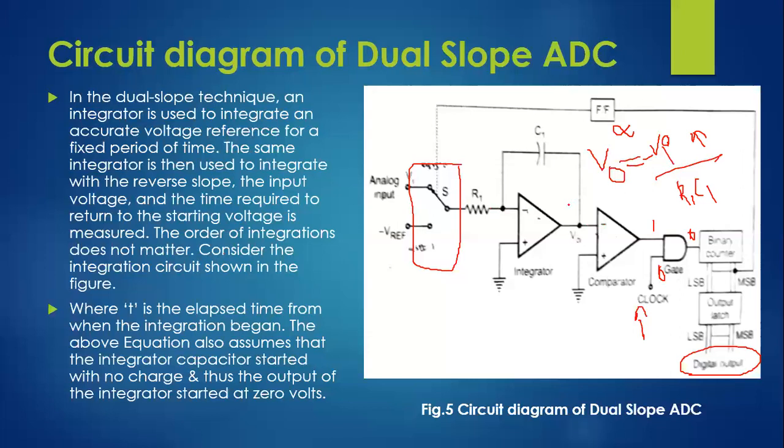Here we are comparing this output of the integrator with respect to the ground signal. Here it is showing one input to be equal to 0. As it keeps on reducing, that is, negatively decreasing, at a particular time it will be equal to 0 value. Whenever both the signals are equal to 0, then it will generate 0 output.